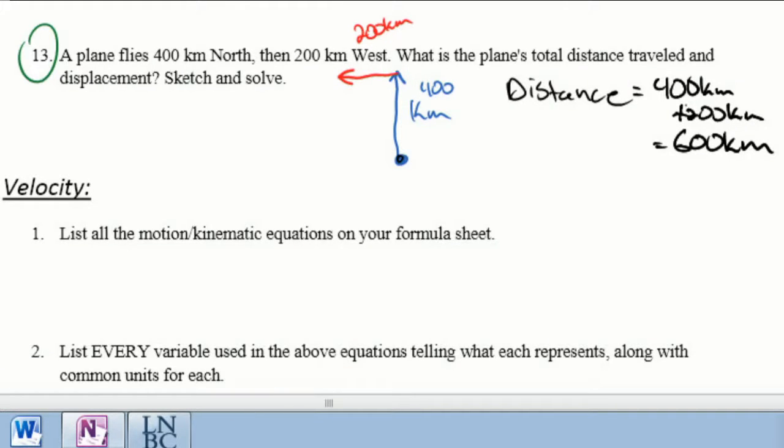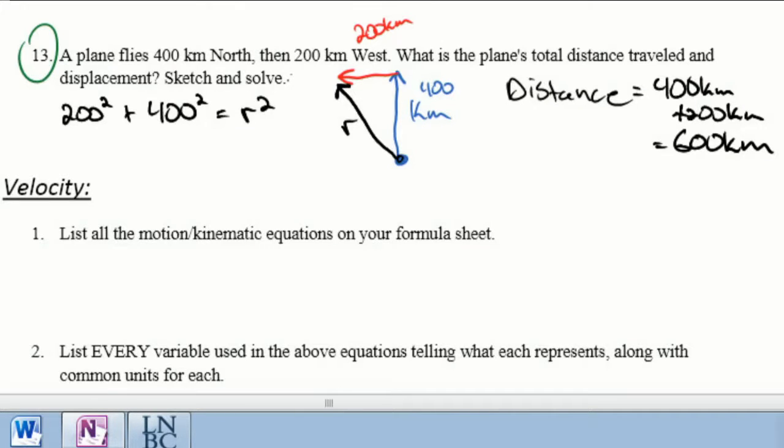The second part of the question is the displacement. So displacement is how far you are from where you started. Now in this case, I'm going to have to draw in my resultant. And I'm going to use the Pythagorean theorem to solve that. So 200 squared plus 400 squared is, we'll call it r for resultant, r squared.